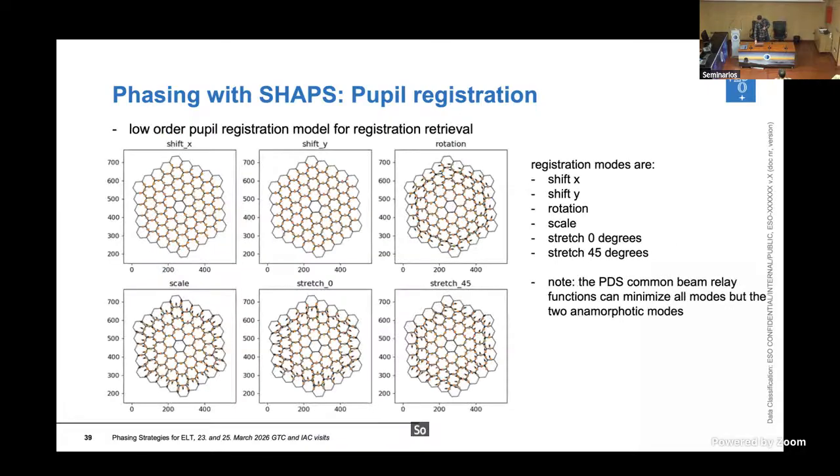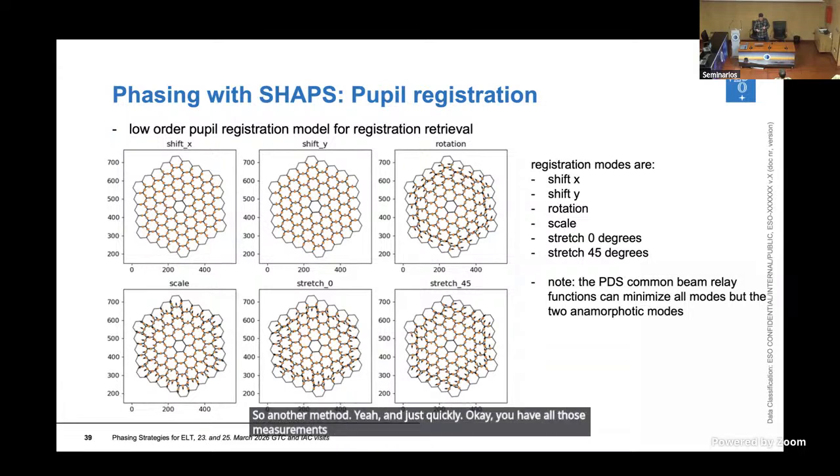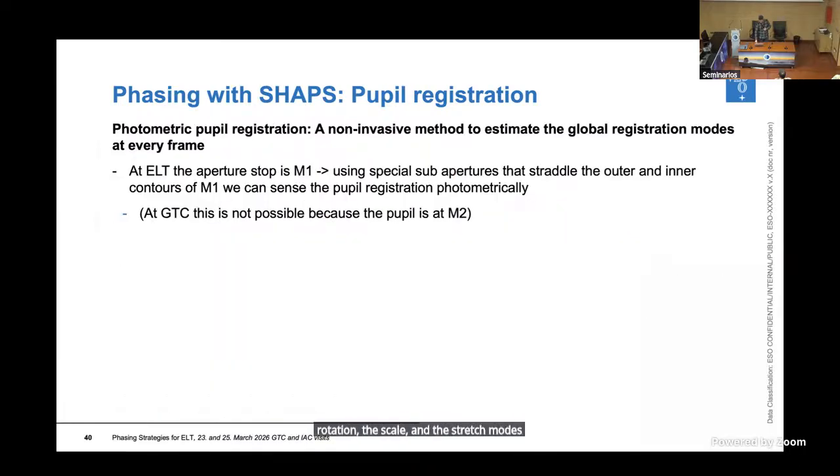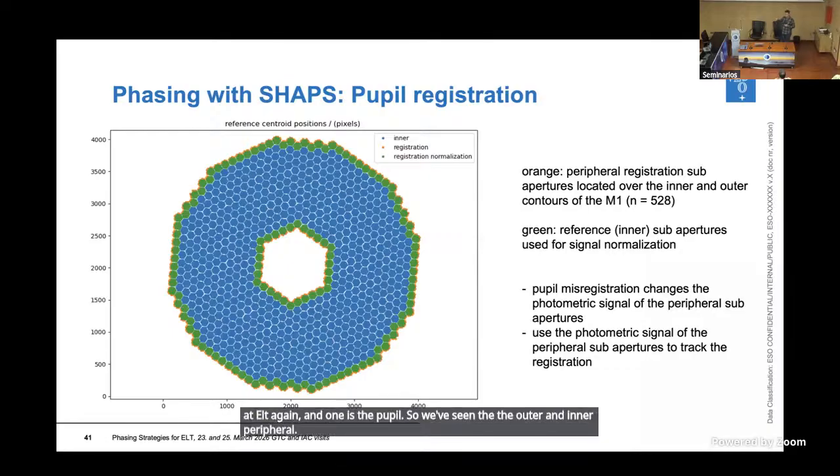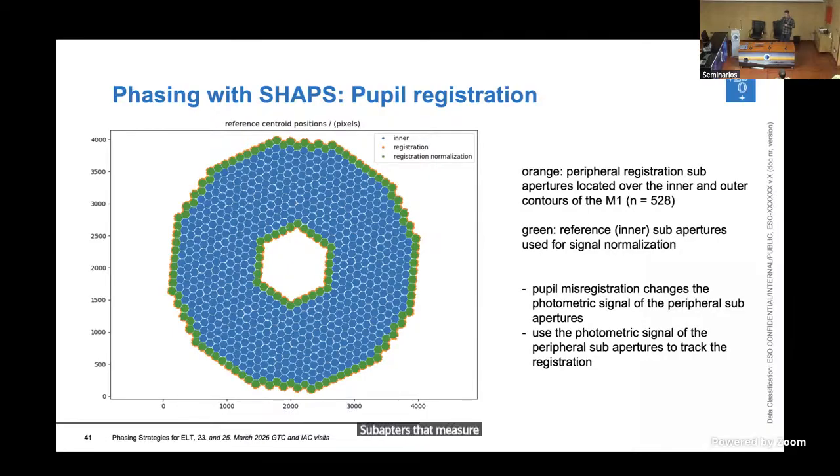So another method, just quickly: you have all those measurements. You can do more than just lateral position XY. You can do the rotation, the scale, and the stretch modes. At the ELT again, one is the pupil. We've seen the outer and inner peripheral subapertures that measure the normalized intensity.